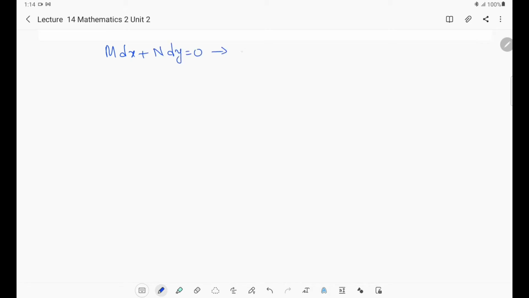Now this equation is said to be exact if ∂M/∂y is equal to ∂N/∂x, right? If this is true, then the equation is said to be exact.